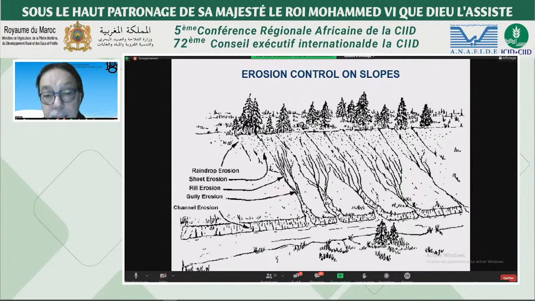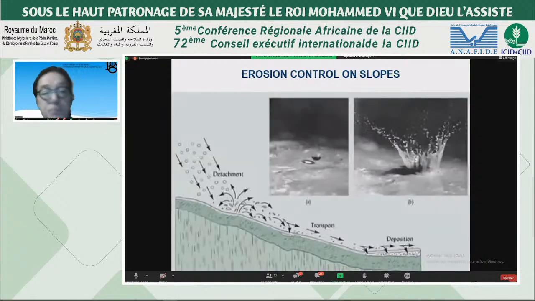L'un des objectifs est d'éviter le développement de ravines d'érosion. Donc, il faut l'éviter à tout prix, en utilisant des matières synthétiques pour permettre la résistance maximale à l'érosion.